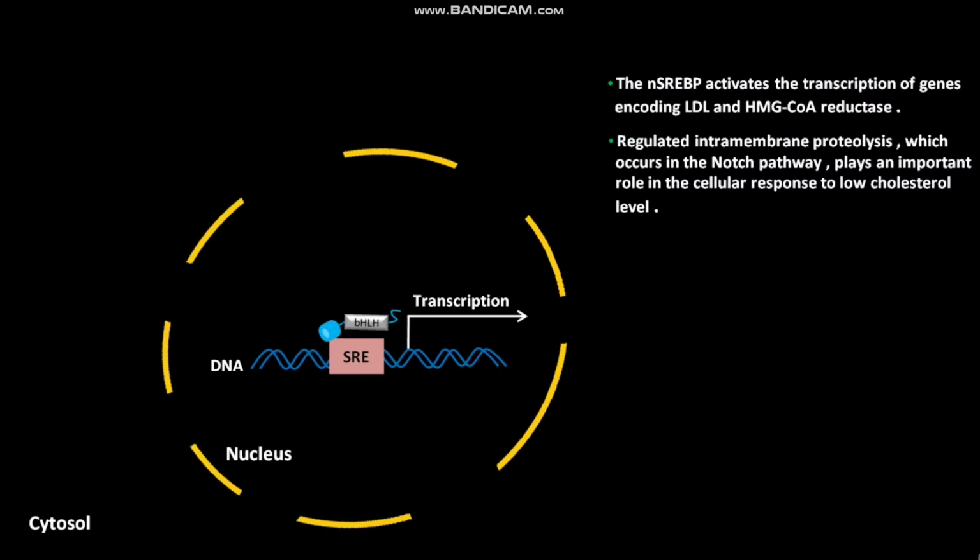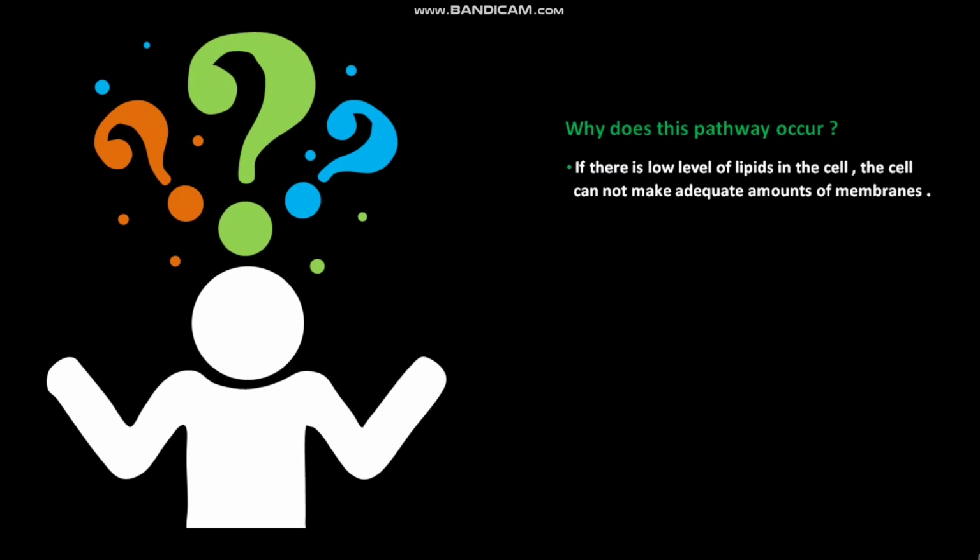Regulated intramembrane proteolysis, which occurs in the Notch pathway, plays an important role in the cellular response to low cholesterol level. SREBP is a cholesterol-dependent transcription factor. Now, the question arises, why does this pathway occur? If there is a low level of lipids in the cell, the cell cannot make adequate amounts of membranes.